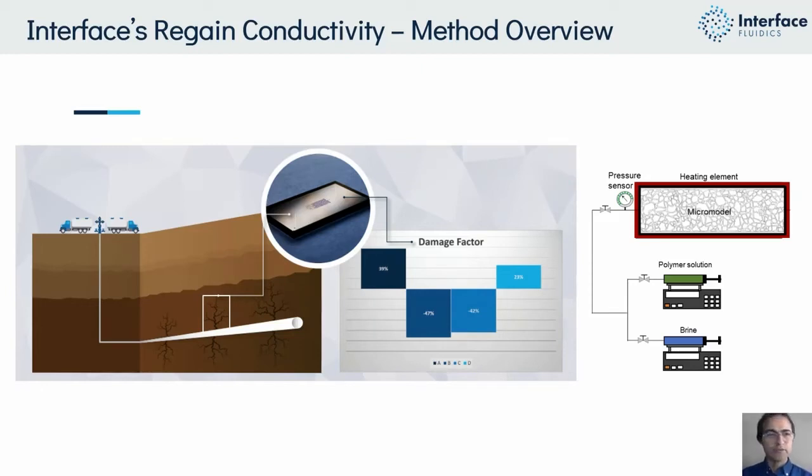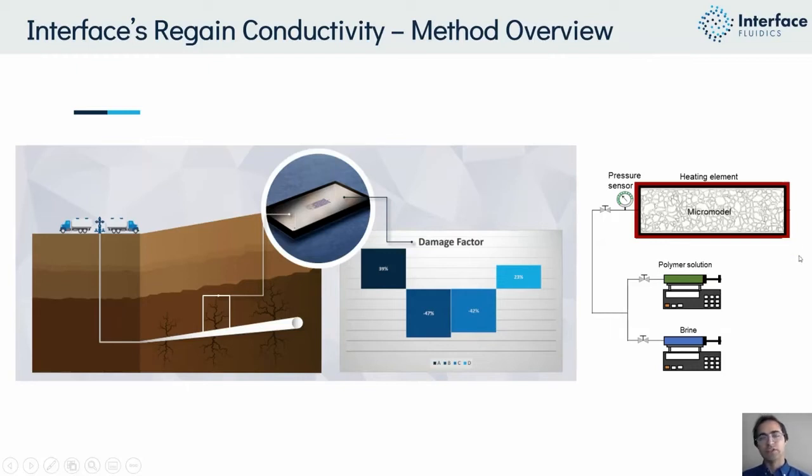The other thing that I really want to touch on quickly, we developed a new product that we call Regain Conductivity. It's a complementary test to our current frac fluid optimization. What we do here, we look at the formation, or let's say the frac damage caused by different friction reducers.